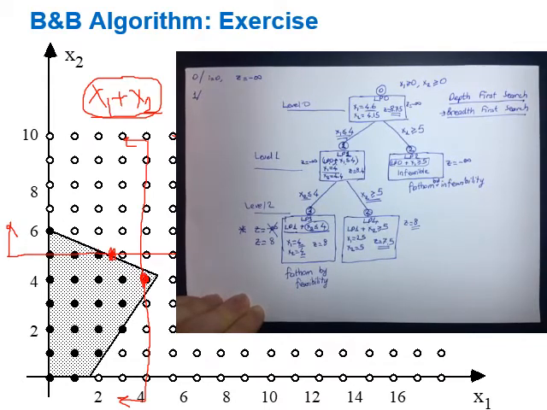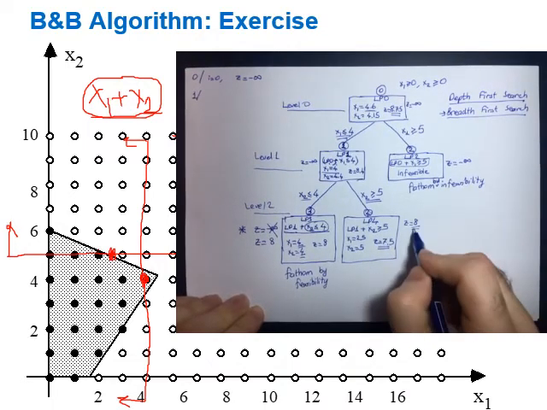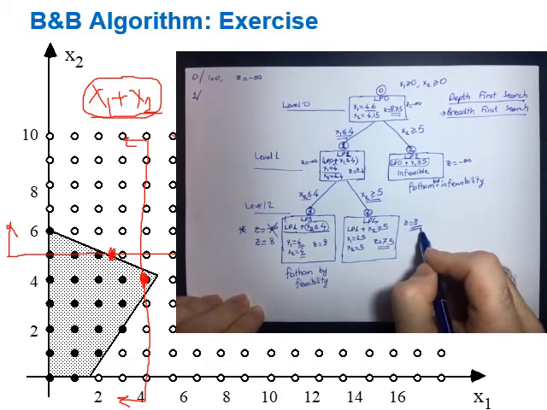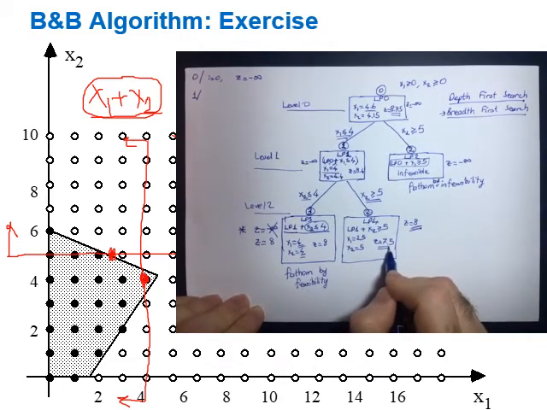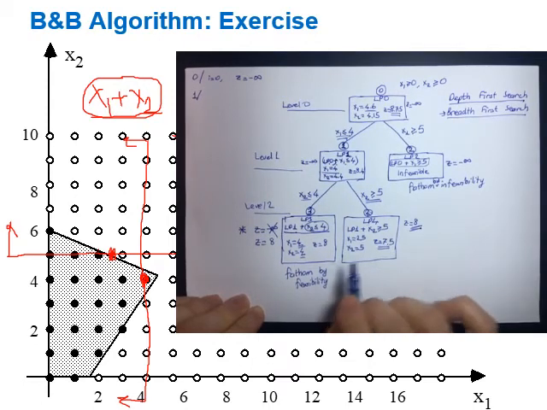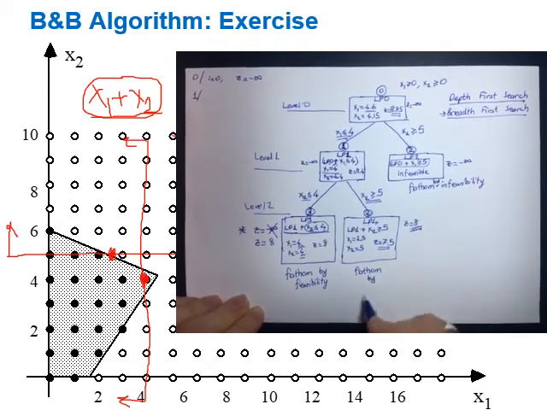So this is very important. If this was minimization, our decision would be totally different in this case. But since this is maximization, we already have a solution like this, and this problem produced a solution with 7.5, then you should fathom. And the reason for fathoming is fathom by bound.